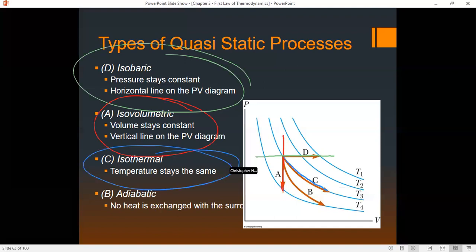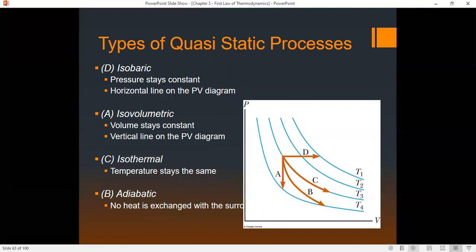And then adiabatic, because no heat is being added to the system, it's a little bit different. Okay. During expansion, we lose some energy internally. So we drop from a higher isotherm to a lower isotherm. So again, it's important to be able to recognize those on the pressure versus volume diagrams.